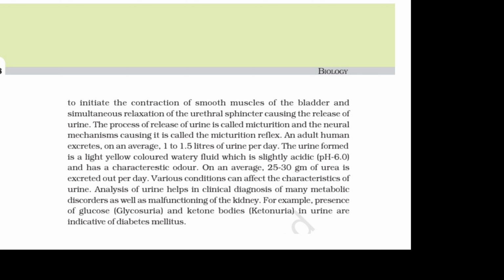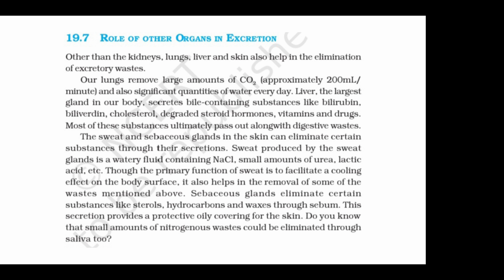Various conditions can affect the characteristics of urine. Analysis of urine helps in clinical diagnosis of many metabolic disorders as well as malfunctioning of the kidney. For example, presence of glucose, that is glycosuria, and ketone bodies, ketonuria, in urine are indicative of diabetes mellitus.